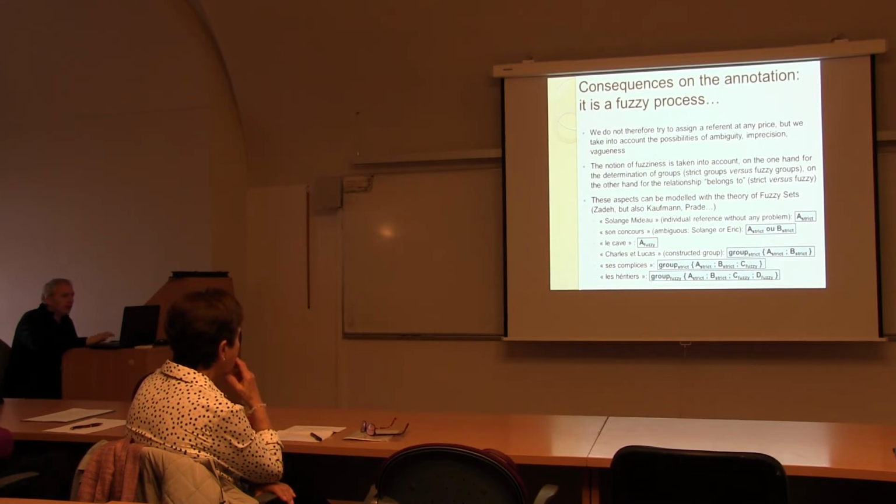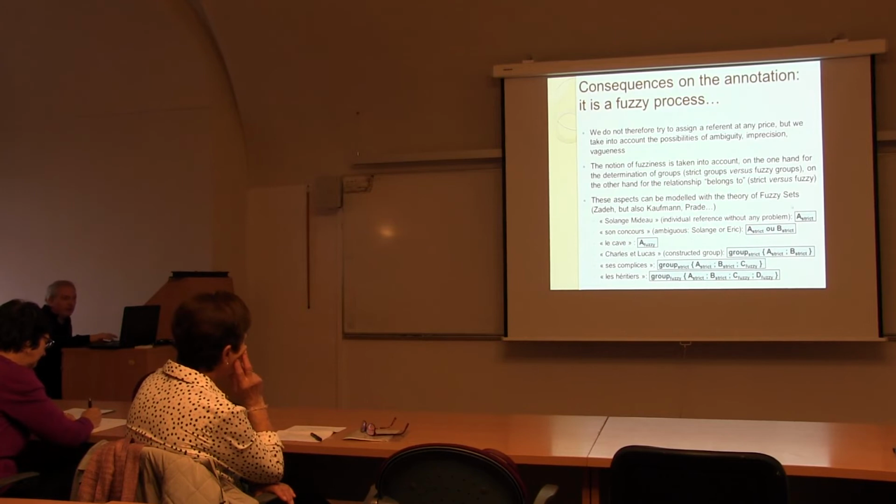So here is an example of a modelization that we built, with, in particular, the notion of strict groups and fuzzy groups. And we have 5 cases with the summary of the film The Counterfeiters of Paris.